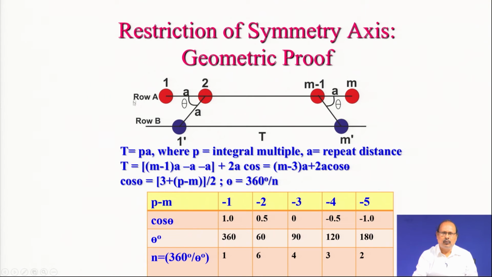So, this is a row which contains this kind of motifs here. Now, let us consider at position 2 there is an n-fold axis of rotation. So, what will happen?